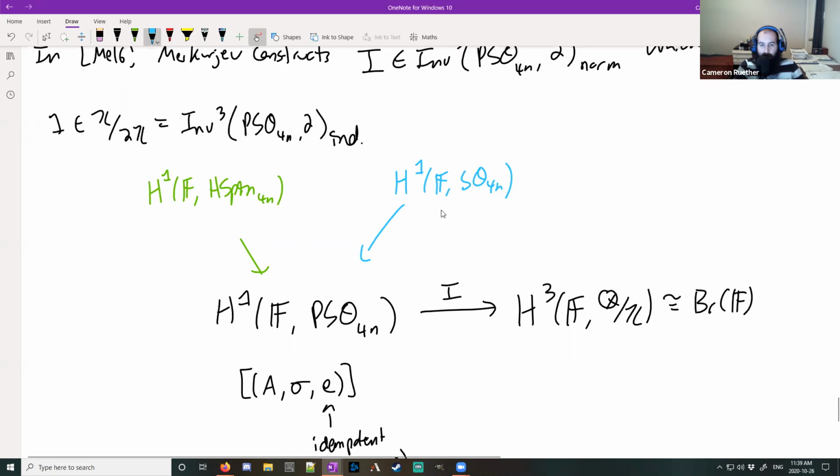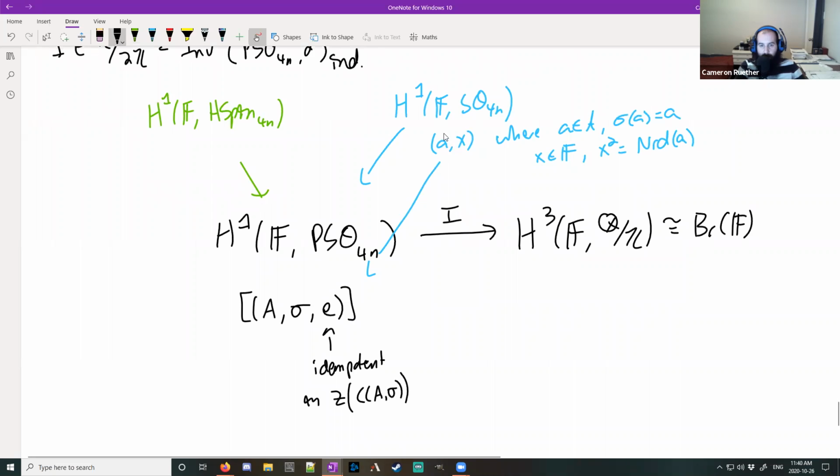This gets mapped to from some pair (A, X) here. A is in the algebra, fixed by the involution, and X is an element of the field, so that X squared is the norm of A. Anyway, there's some pair here that gets mapped down to this class of algebra, and I takes this information and maps this to X cup A. So it's also defined in terms of cup products, but because this X depends on the algebra A and isn't fixed, it's not decomposable, it just looks like one.